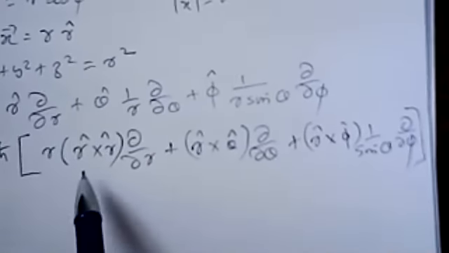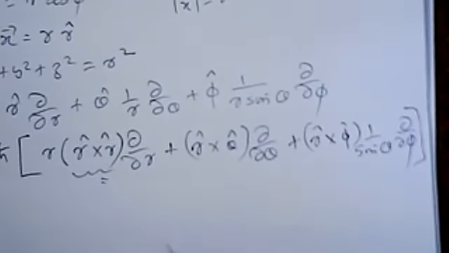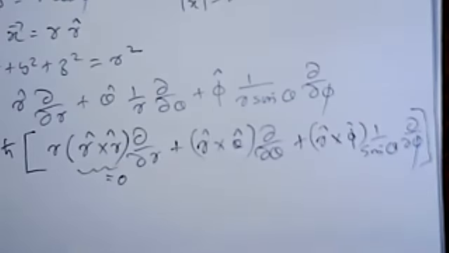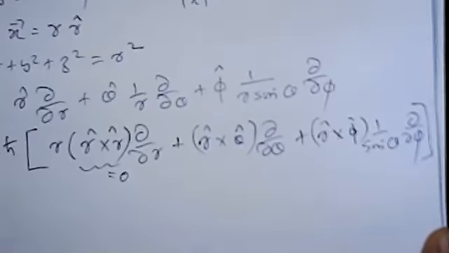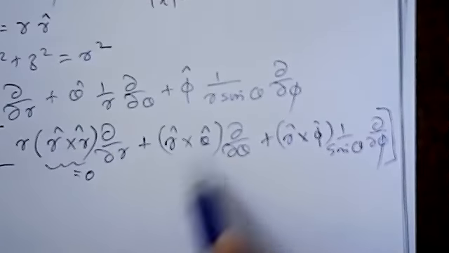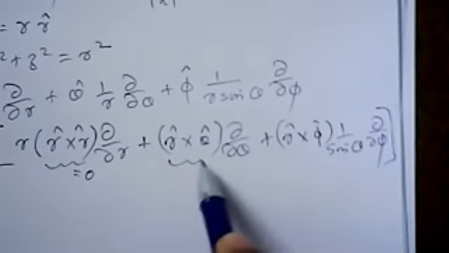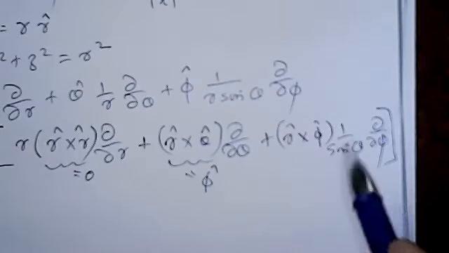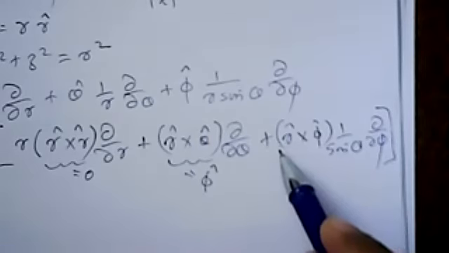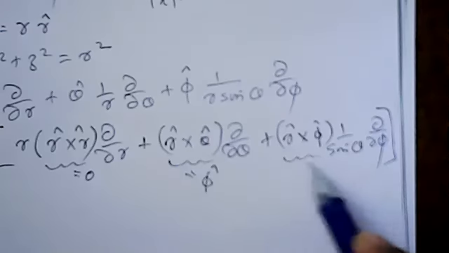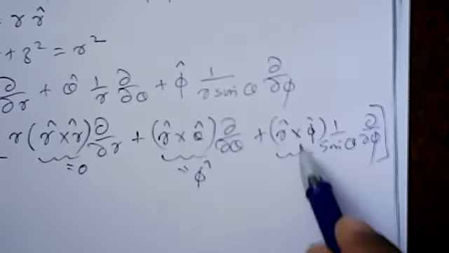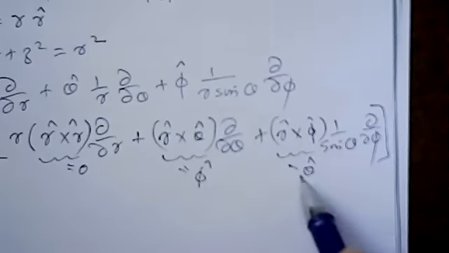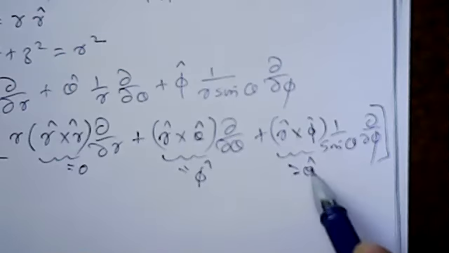Now we know that unit vector r cross unit vector r is 0. Also, what is r cross theta? r cross theta is unit vector phi. And r cross phi, the order is reversed, an odd permutation, so it is minus unit vector theta.